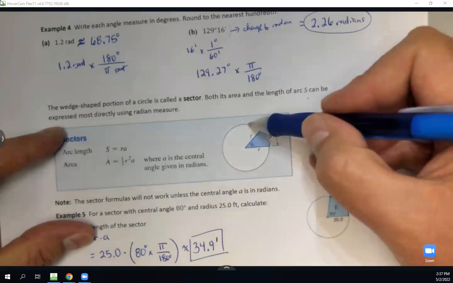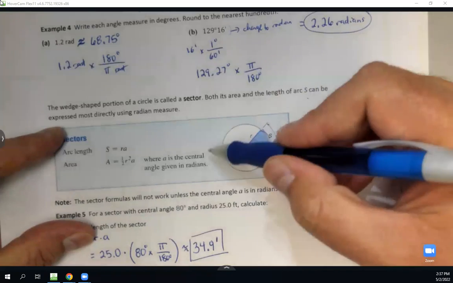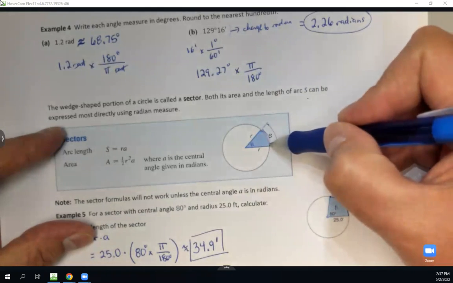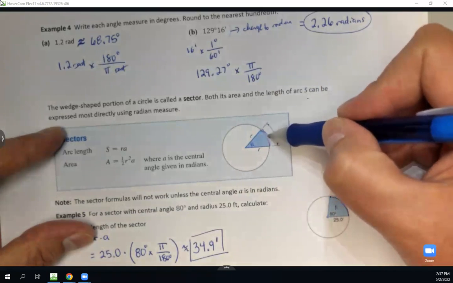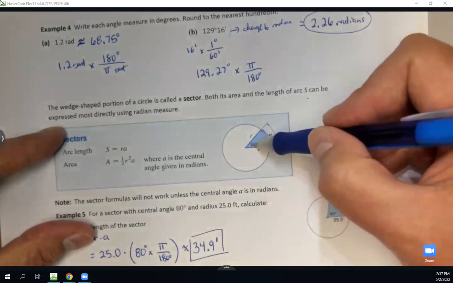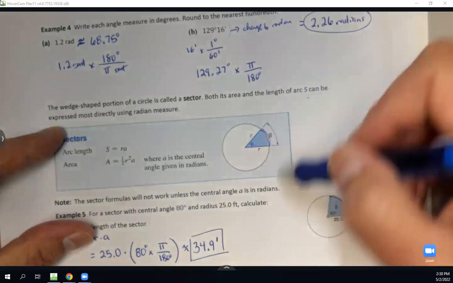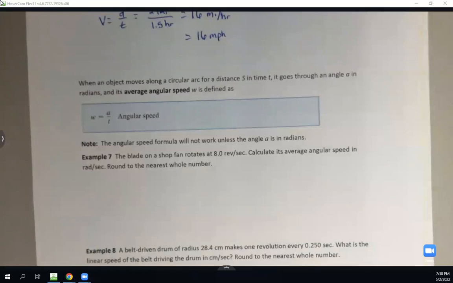Or suppose this is a tire, so you have the wheel with the tire on it. If the tire rotates this much in a unit of time, then how much did the angle change in that unit of time? That's the angular speed. Usually we measure angular speed in things like RPMs, revolutions per minute. That would be like a pulley or a gear that's rotating. Does that make sense?